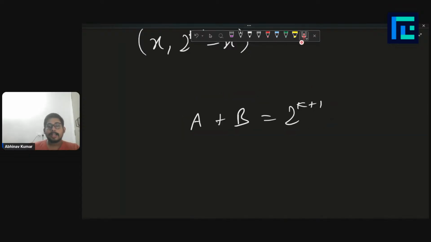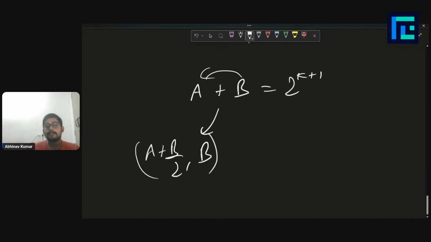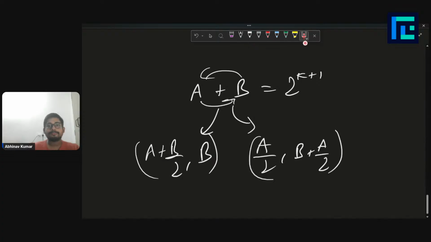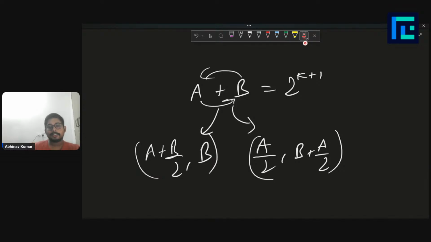After the next operation there would be two cases: either b gives to a, so the number of cakes with a becomes a plus b by 2 and with b becomes b by 2, or a gives to b, then it becomes a by 2 and b plus a by 2. So these are the two possible cases for the two types of operation.